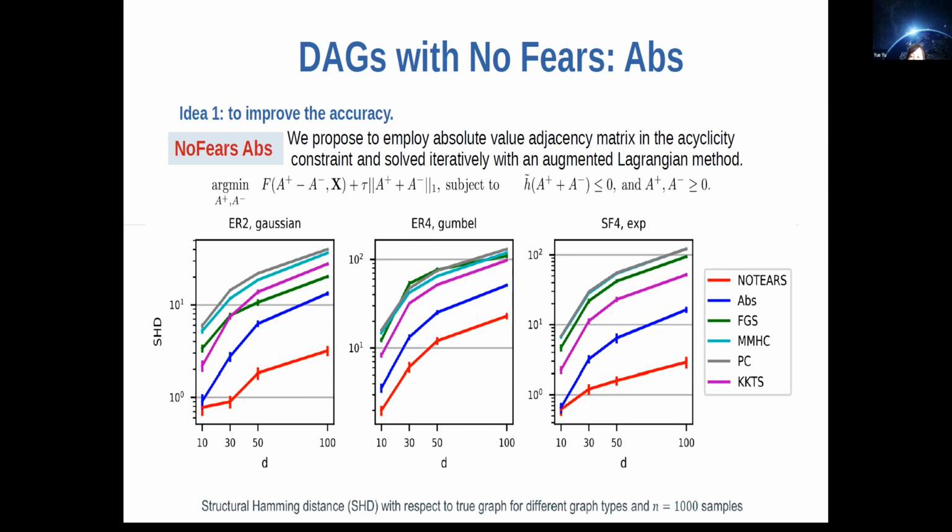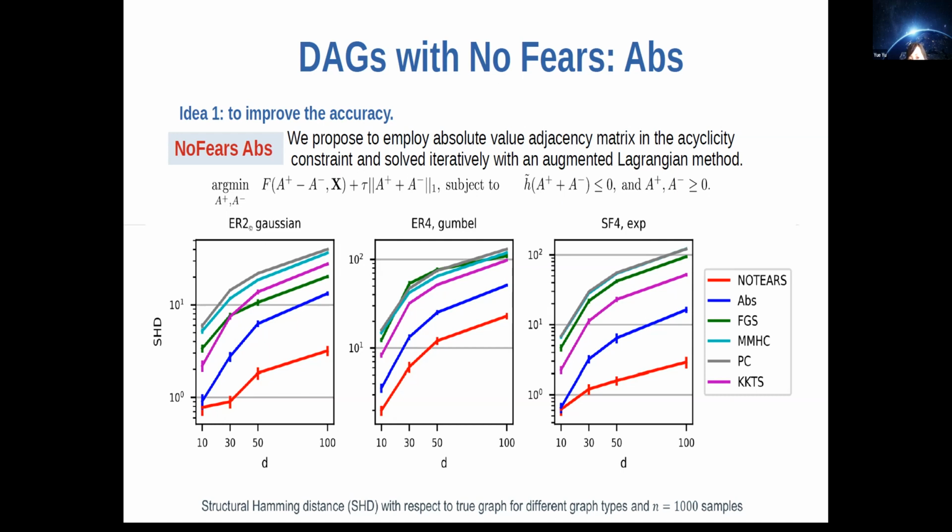The x-axis is the number of nodes in the graph. The larger the graph is, the more challenging this learning problem becomes. And here, ER and SF are two different types of generating the graph. One is slightly denser, that's the SF, and the other is slightly more evenly distributed.